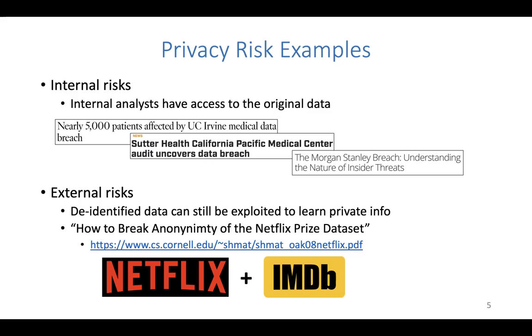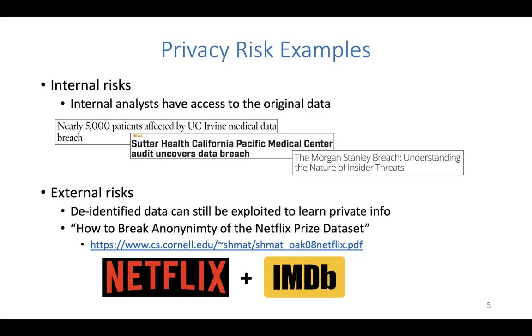An IMDb user has a username and reviewed some movies or assigned scores to them, so IMDb also contains movie ratings data along with usernames. Using that, they linked the information to the Netflix Prize data and re-identified which IMDb username made each rating in the Netflix Prize data set.